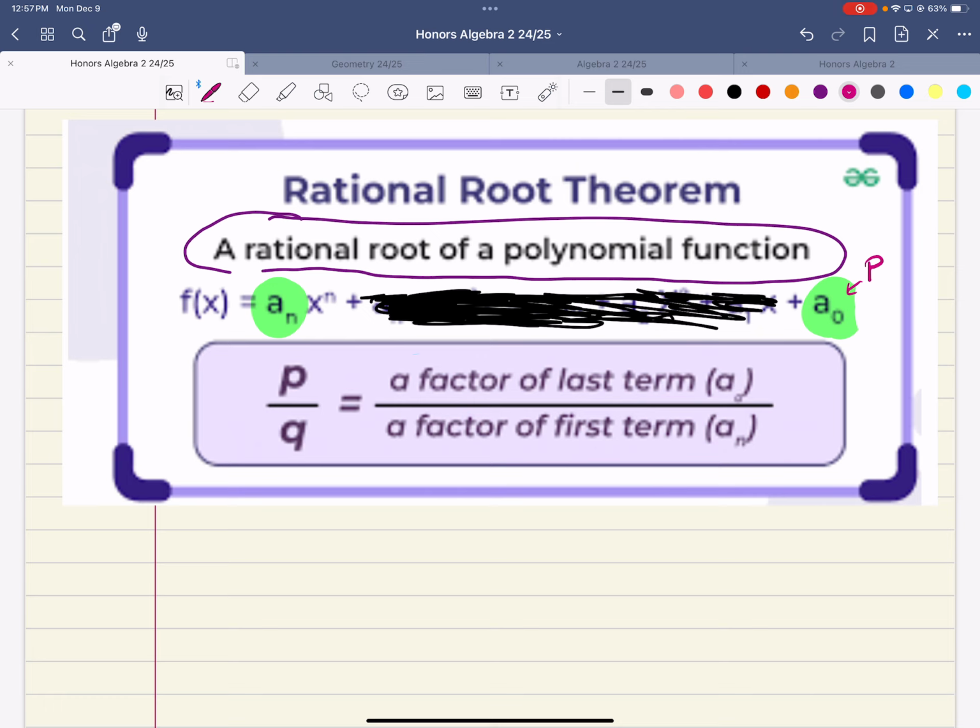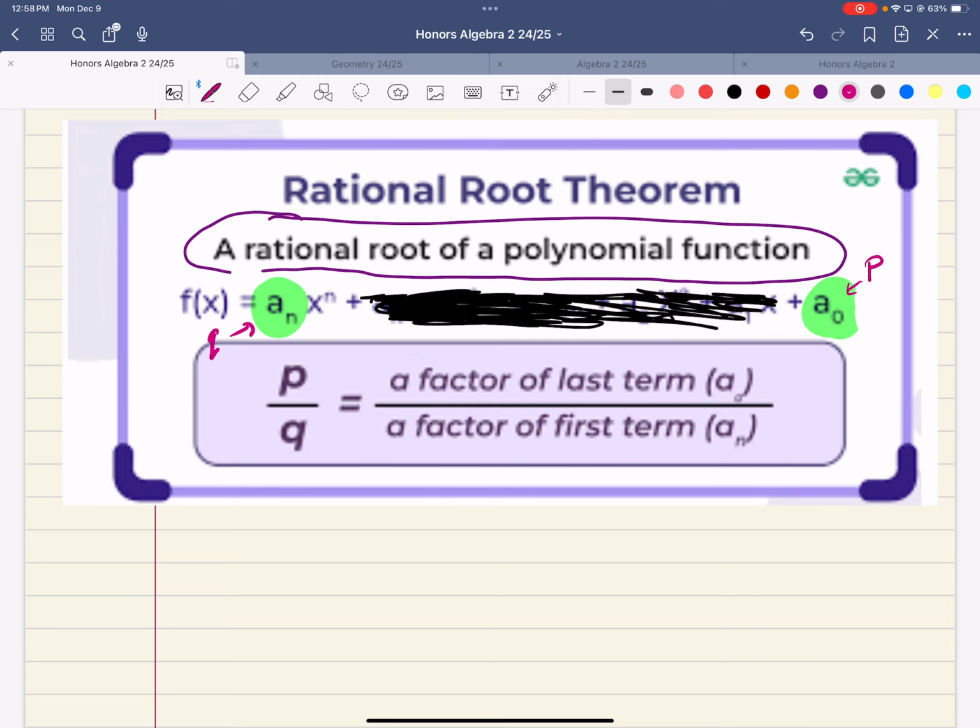So before, that value was 10, so the P values were 1, 2, 5, and 10. It's the factors of that. The a sub n is your Q value. So Q is the factors of the first term. Today, our first term is just going to be 1, so we're not going to have to worry too much about the Q term. Tomorrow, it's not going to be. It might be 1, 2, or 4.